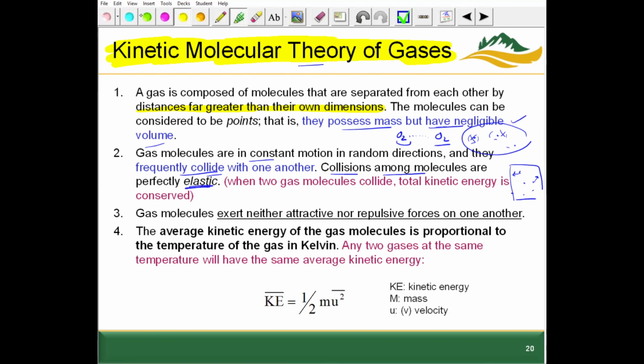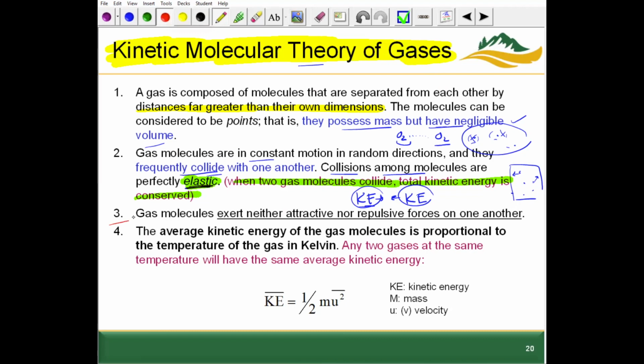If you've taken a physics class somewhat recently, you might remember the term elastic or inelastic collisions. When two gas molecules collide, the total kinetic energy is conserved. So the kinetic energy of one gas molecule and the kinetic energy of another, if those collide, they're still going to maintain the same kinetic energy they had before that collision took place.